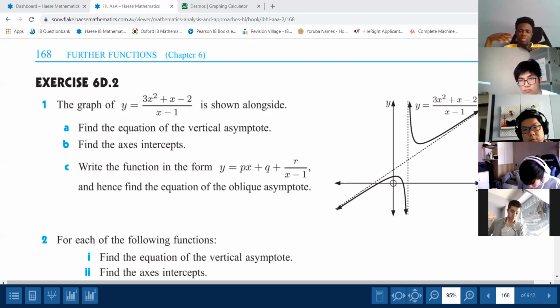Okay. The idea is by the end of the academic year, we have done topic 1, topic 2, topic 3, and part of topic 5. So when you come back in from 6 September, it should only be topic 4 and topic 5. Topic 4 is statistics and probability. Topic 5 is calculus.